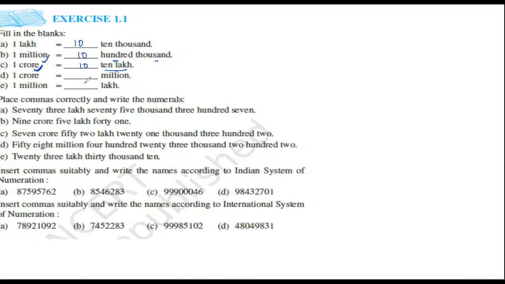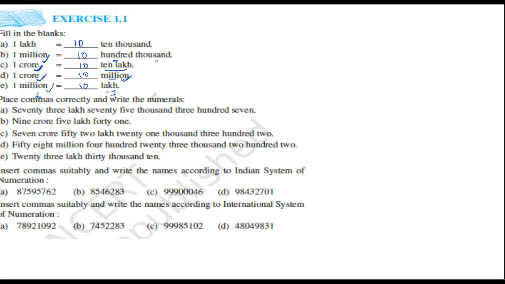So in crore, how many millions will be there? As crore has 7 zeros, million has 6 zeros. So obviously it will be 10 millions, right? And in 1 million and lakh, as million is 6 zeros and lakh has 7 zeros, I can say it is 10 lakh, right?